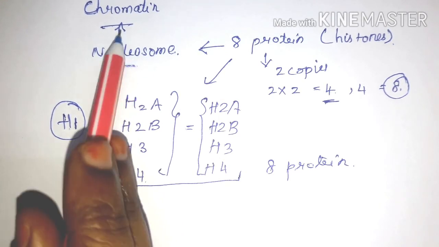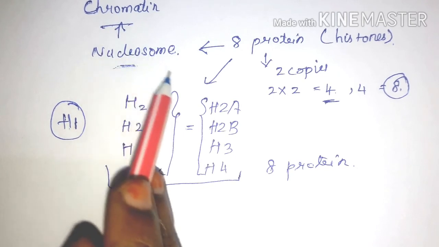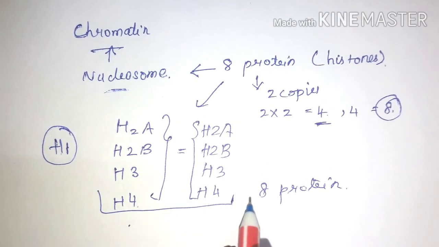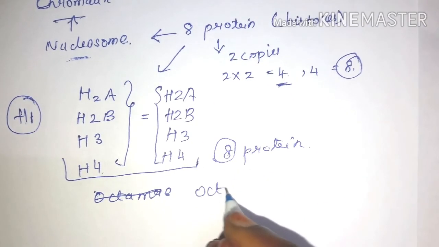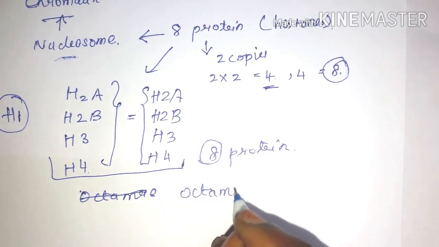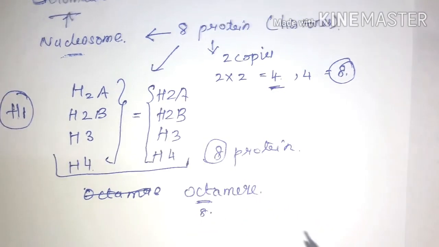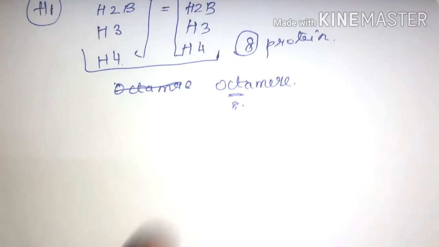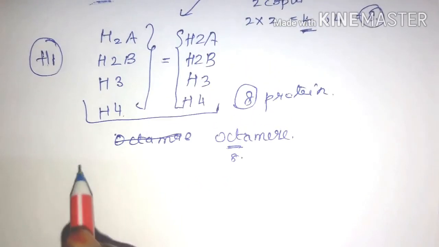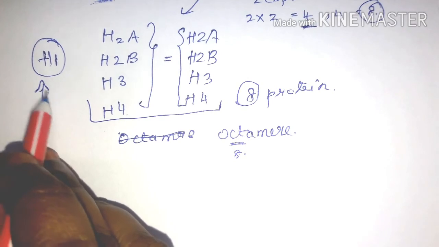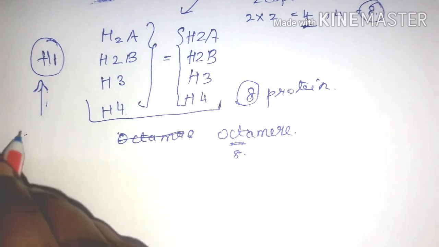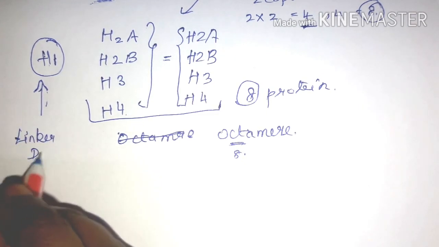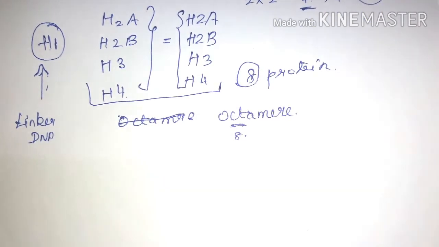The nucleosome in turn forms the chromatin structure. As the number implies, it is said to be octamere, that is 8 proteins. What I said is H1 is missing. H1 is present in the coil structure, the double helix structure, and they are called the linker DNA. We'll see that in the next session.